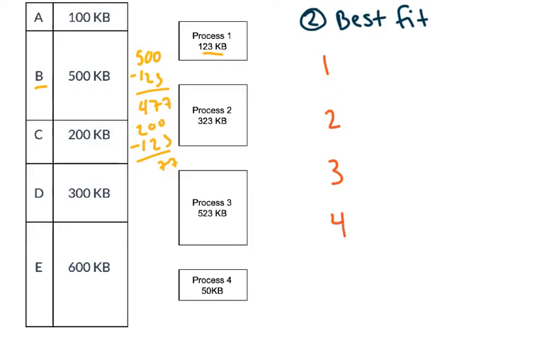If it's allocated to D, we will have 300 minus 123, which is 177. And if it is E, then we will have 600 minus 123, which is, what, 577?